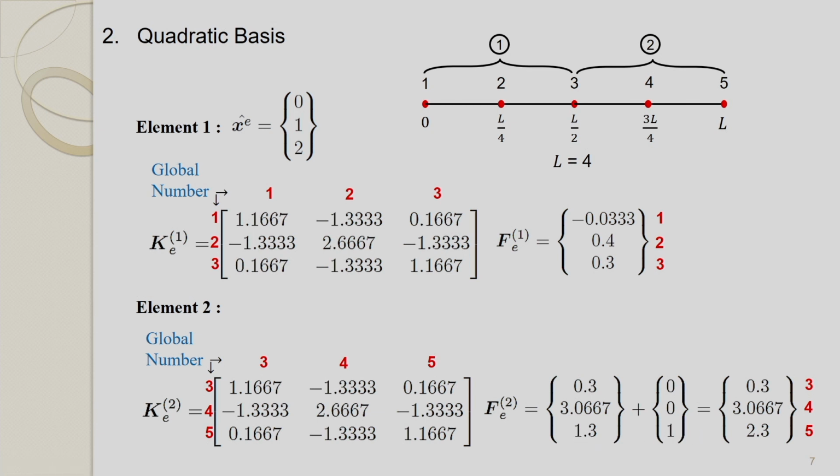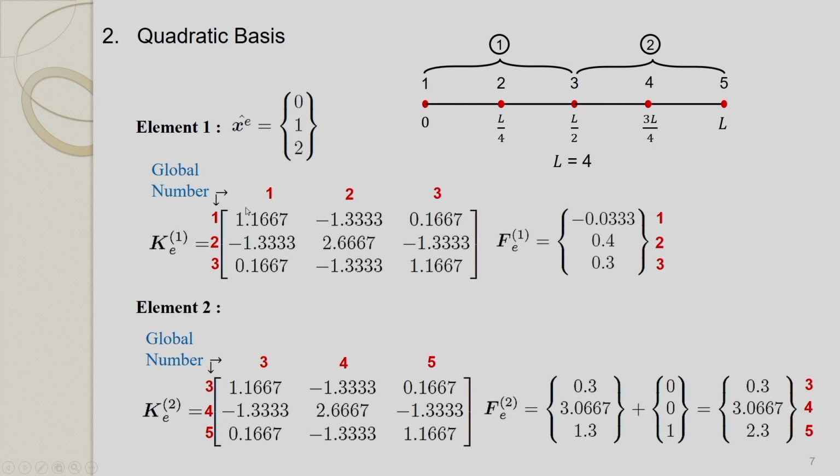Now, we have the elemental equations for both elements. We have to do the assembly. These red numbers are the global degrees of freedom.